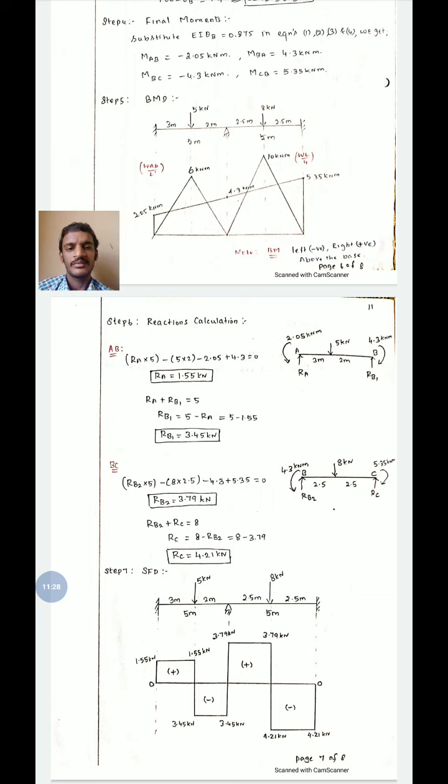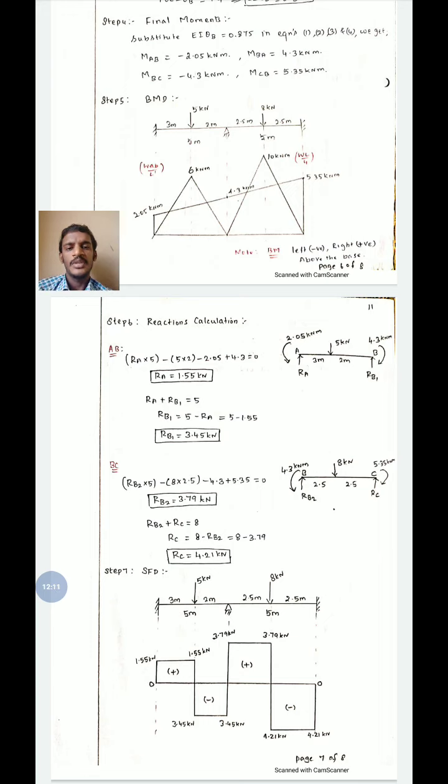The RA reaction rotates clockwise, therefore it is considered as plus RA into 5, and the load is rotating anti-clockwise, therefore it is considered as minus 5 into 2 meter. Both end moments are rotating anti-clockwise and clockwise. 2.05 is rotating anti-clockwise, therefore minus 2.05. 4.3 is rotating clockwise, therefore it is considered positive 4.3. Finally, we will get the RA value as 1.55 kilonewton.